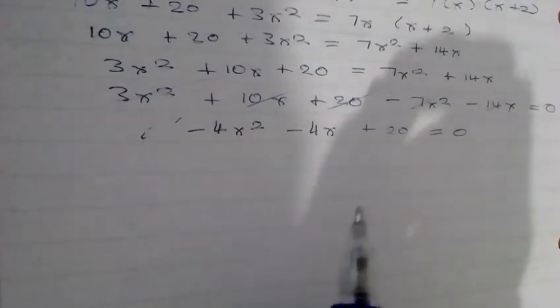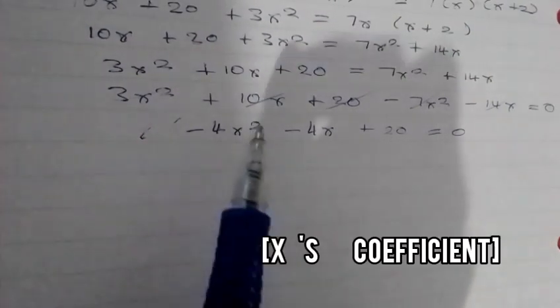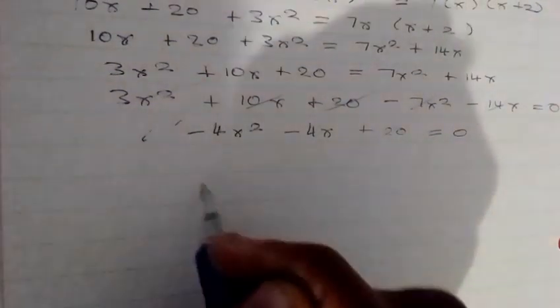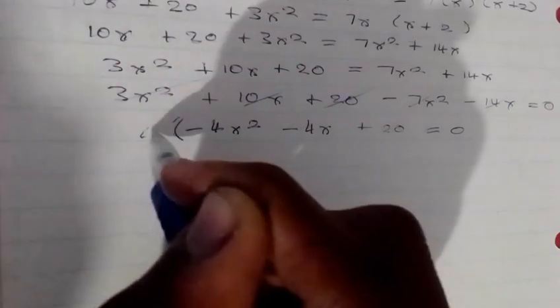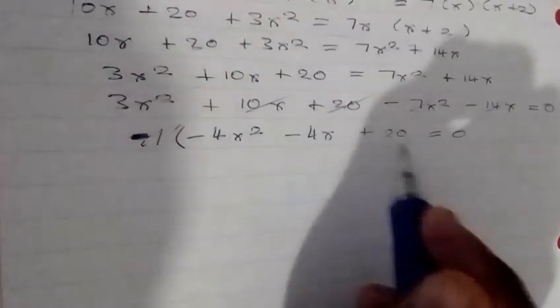So our A, and you must always remember that the x squared value has to always be positive. It can't be a negative value. So we're going to multiply by negative 1 on all of it.